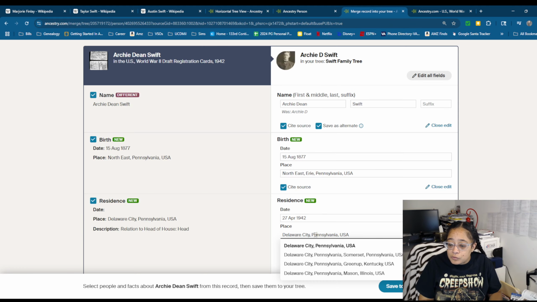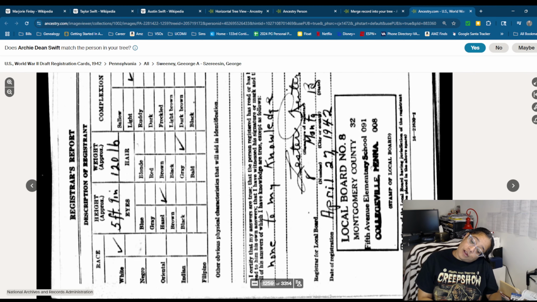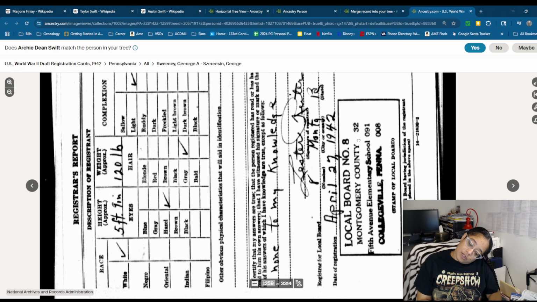So I'm going to remove the city and see if that's... so then we have a little bit of an issue. We've got multiple Delawares in multiple counties in Pennsylvania. So then I'm going to go here, and it says Montgomery County. So, okay, now we know. So, this is the board in Montgomery County.